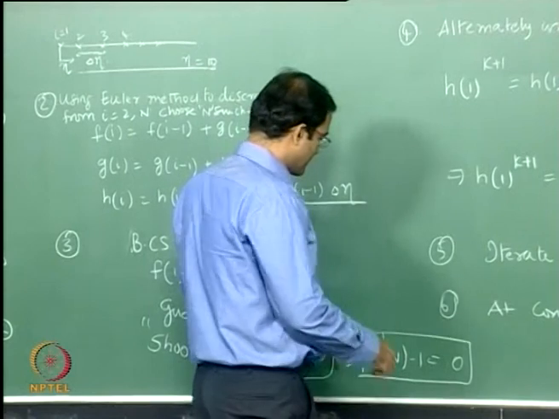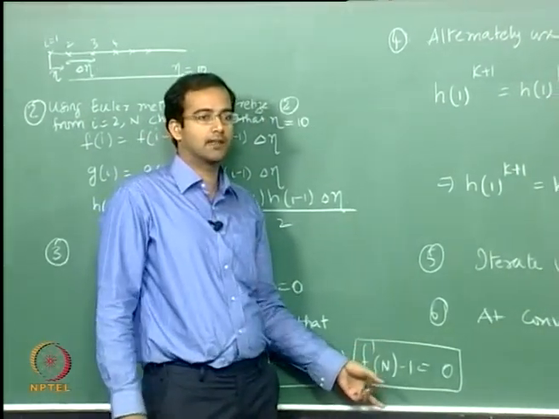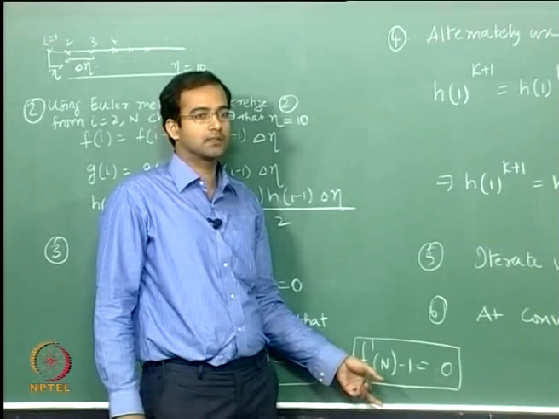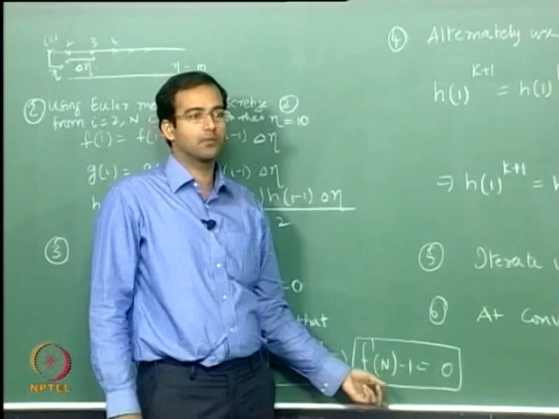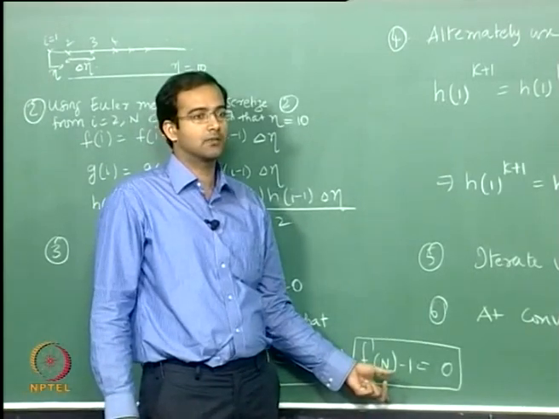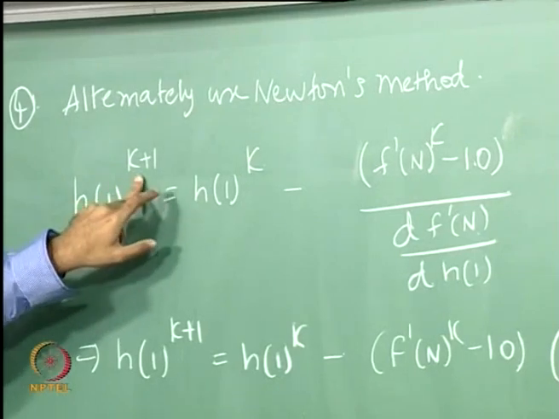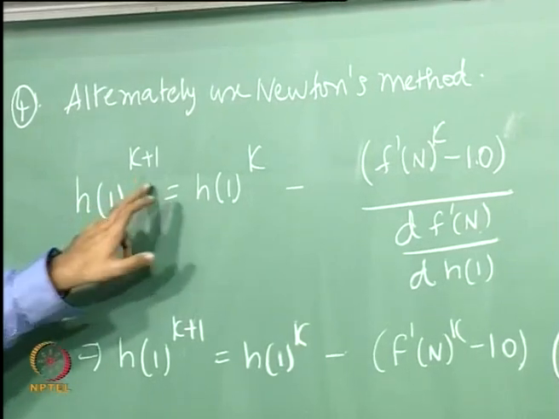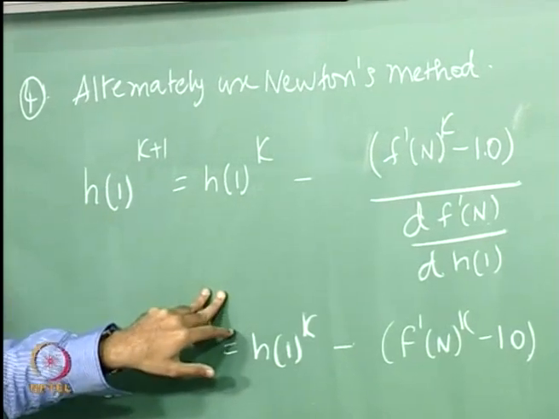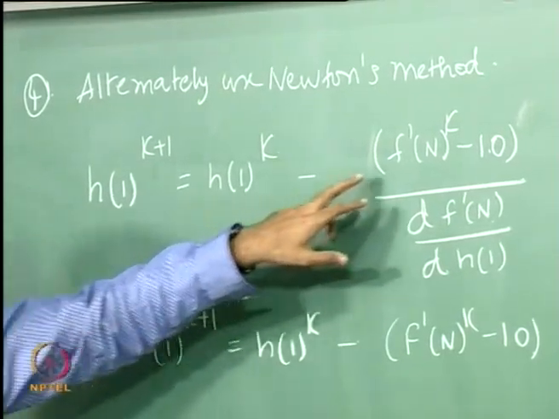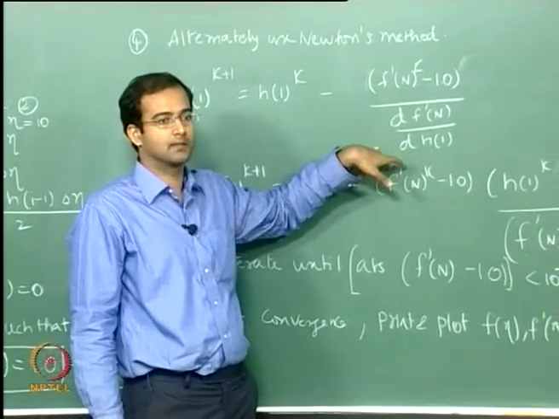If you want to solve this particular algebraic equation, this is the condition that you have to satisfy, and you have to find the roots of h1 such that this equation is satisfied. So what does the Newton-Raphson method say? You can choose a guess value coming out of this particular equation, which is h1 of k minus f of x by f prime of x.